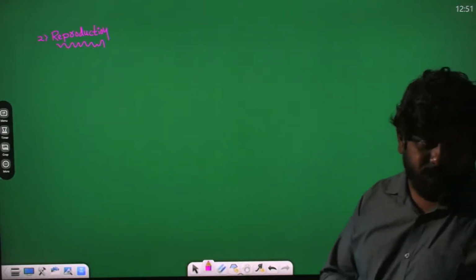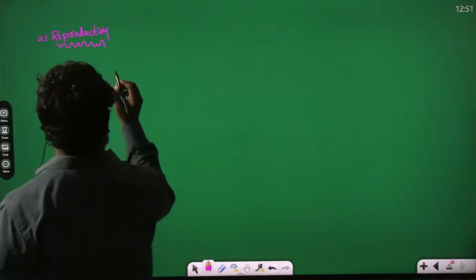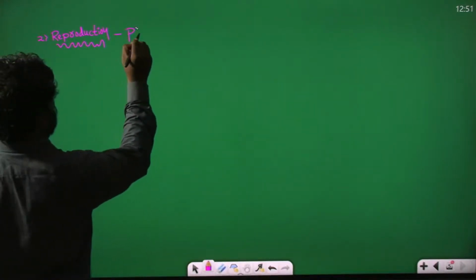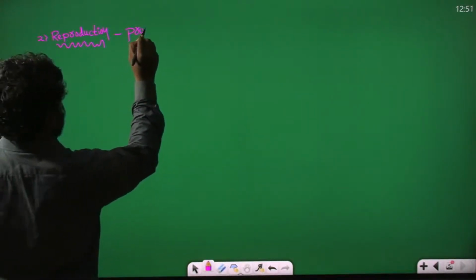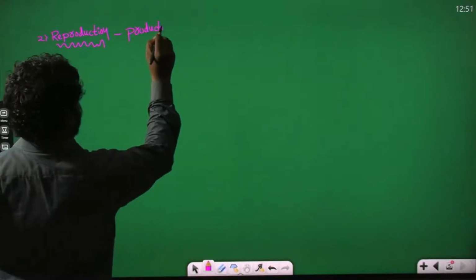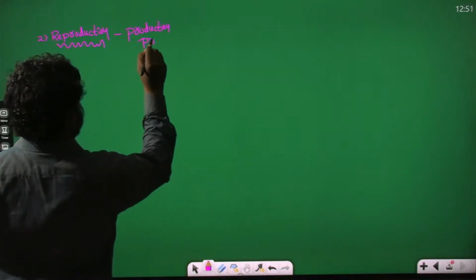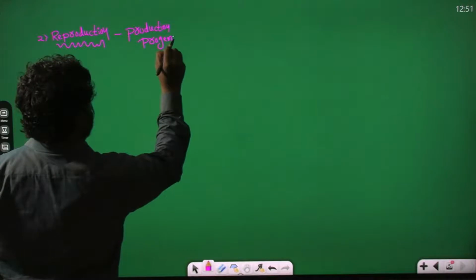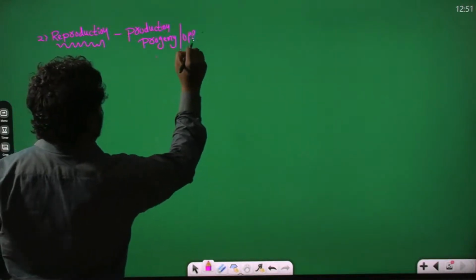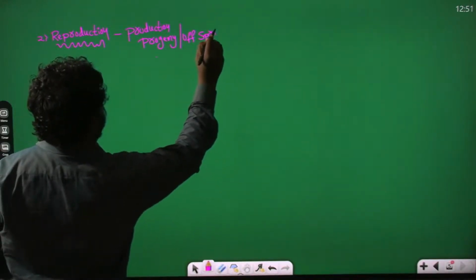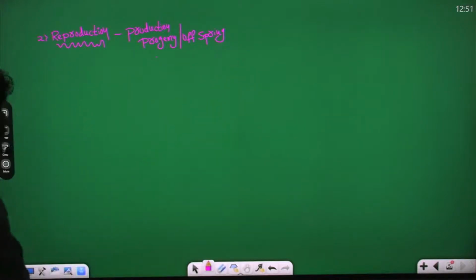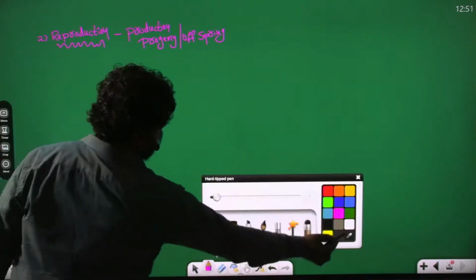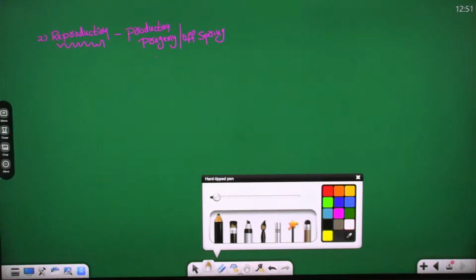Everyone knows: production of progeny. Production of progeny or offspring or daughters is called reproduction. Clear?